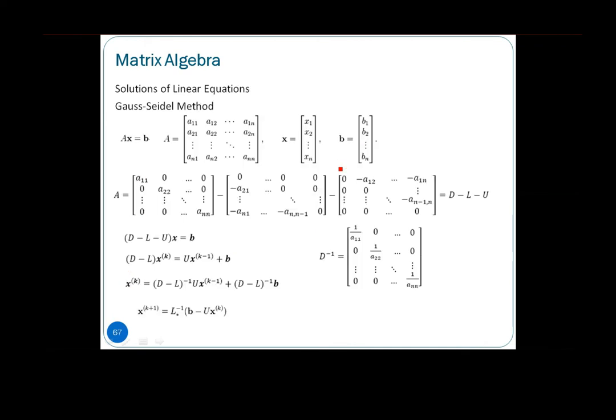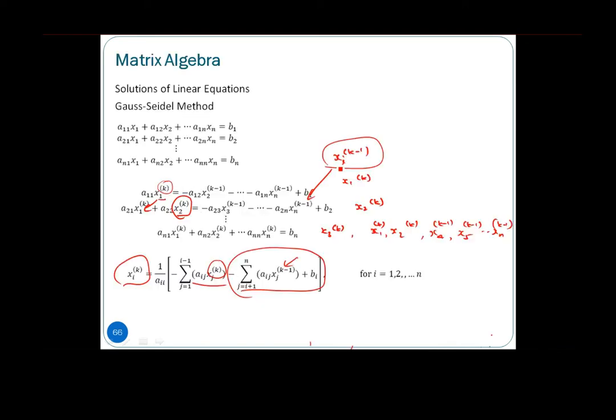So in terms of matrix form, it is also the same. You can also decompose into D, L, and U. What it means here is that we need the calculated one of the iteration.